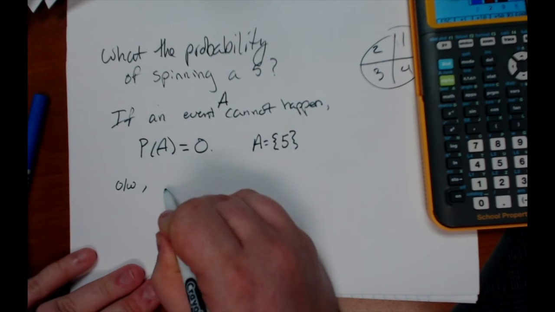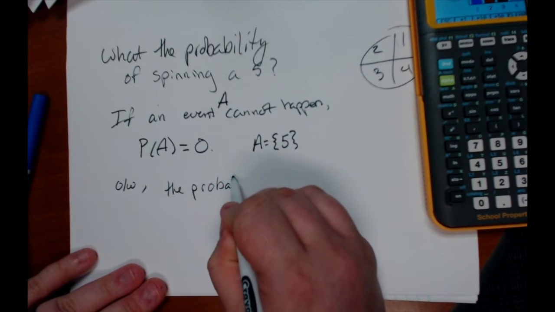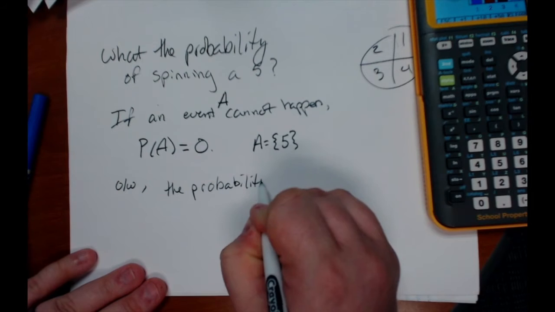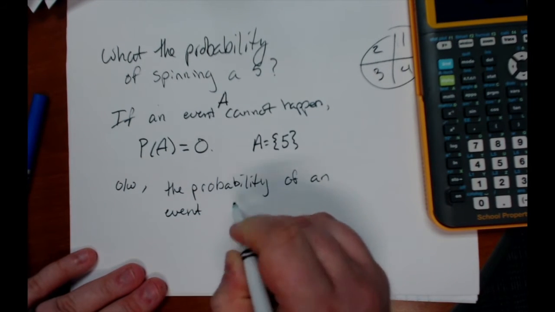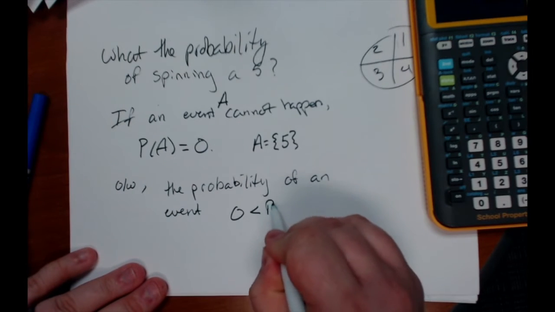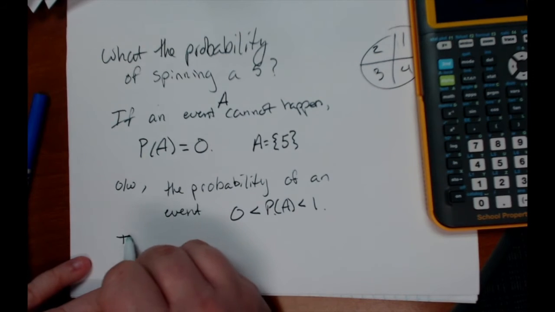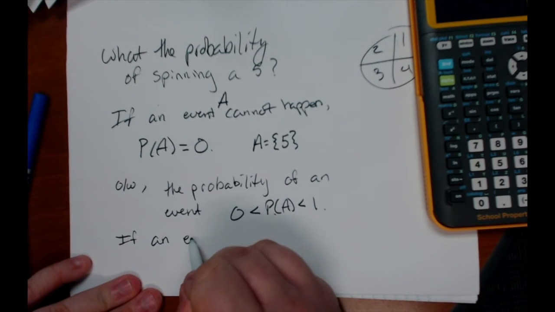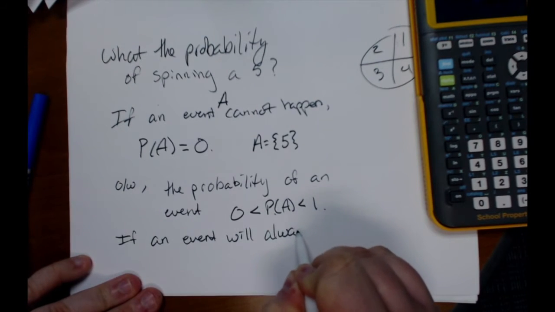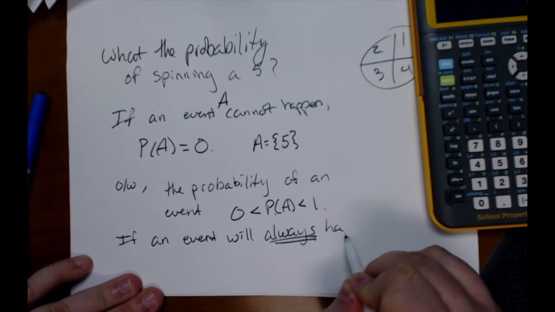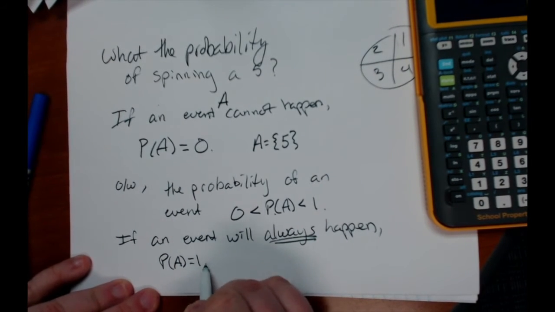Otherwise, the probability of an event is between 0 and 1, because we say if an event will always happen, the probability of that event is 1.